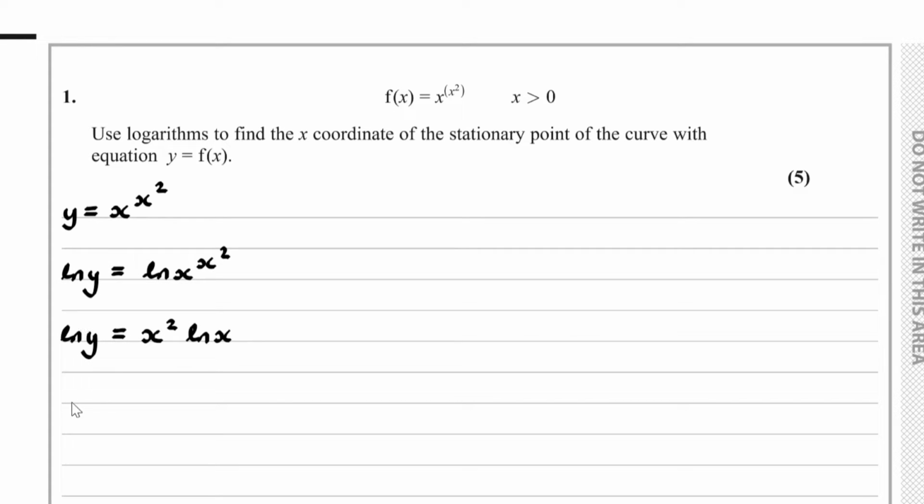And now if we differentiate implicitly, differentiating the natural log of y, we would end up with 1 over y multiplied by dy over dx. And on the right hand side, using the product rule to differentiate, differentiating x squared, we end up with 2x, and we multiply this by the natural log of x, and then we have x squared multiplied by the derivative of the natural log of x, which is 1 over x.